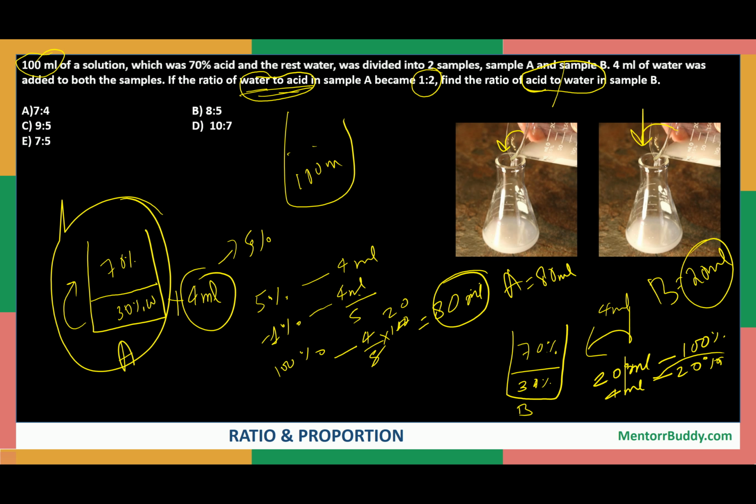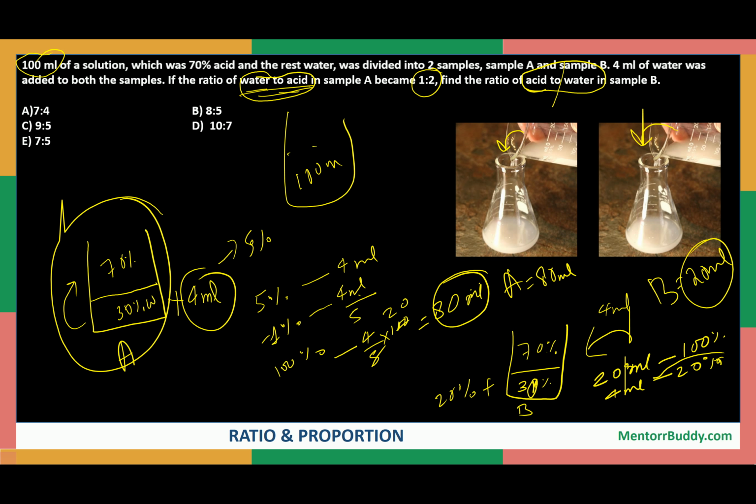So from here we get that 20% of water is again added, right? So 30% of water was available, then 20% of water is added. So what will be the amount of water? If we are considering in terms of percentage only, it becomes now 50% and the acid remains 70%.